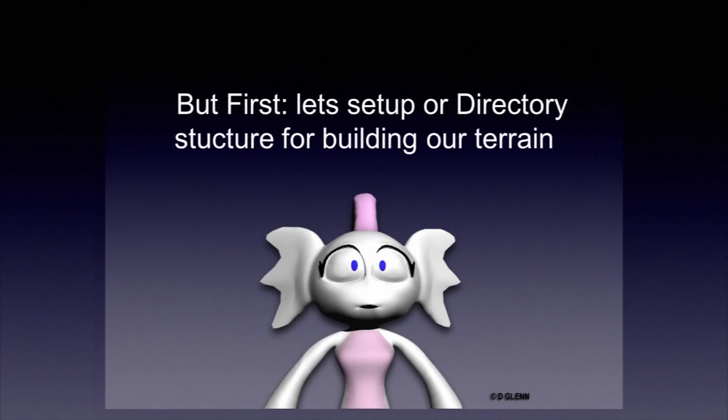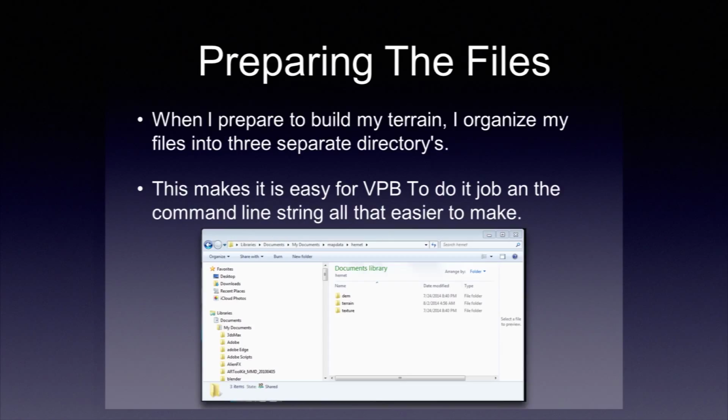Before we get too much further on this, we should keep ourselves organized here and put our files in their proper order. We do this by creating basically 3 directories within the project directory that we're going to create.